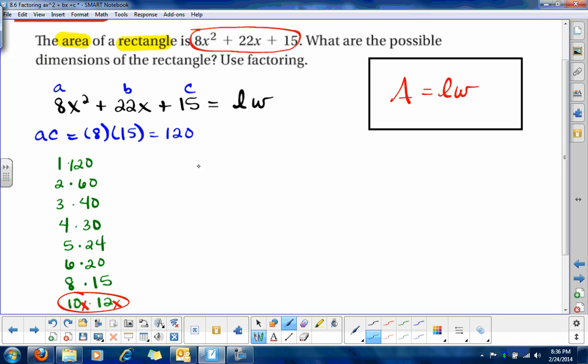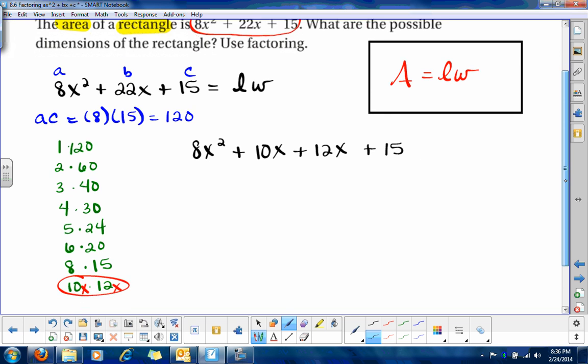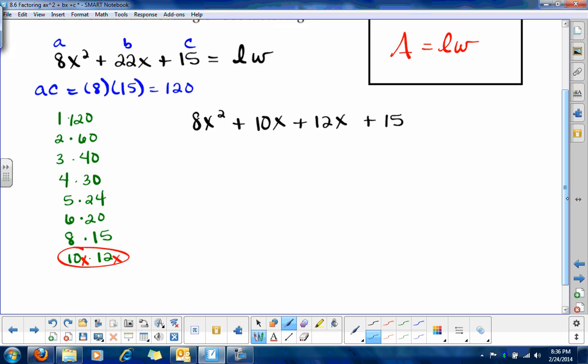Okay, so let's go ahead and rewrite. We've got 8x squared plus 10x plus 12x plus 15. All right, so now let's group so we can do some factoring.